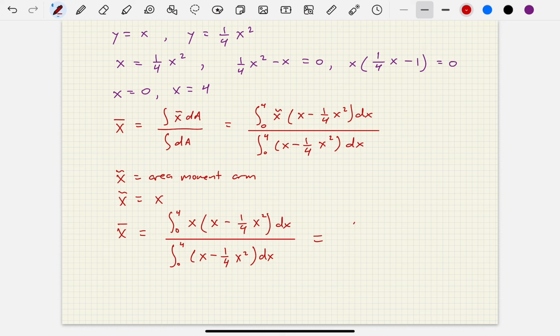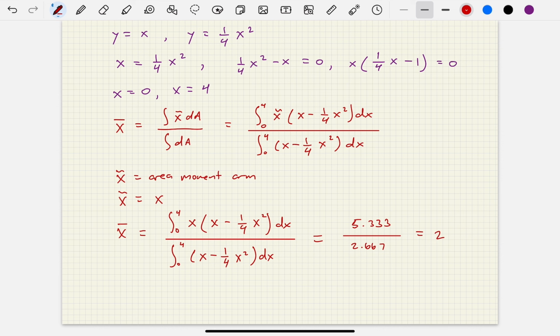For that numerator, I get 5.33333 continuing. Then that's divided by another integral for the denominator, 0 to 4, of x minus 0.25 times x squared, and I get a denominator value of 2.667. If I divide these two, I get x bar is equal to 2.